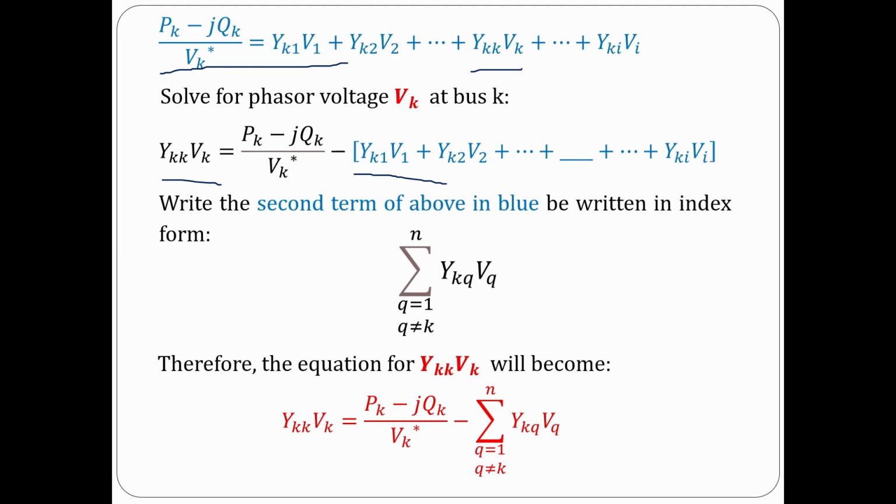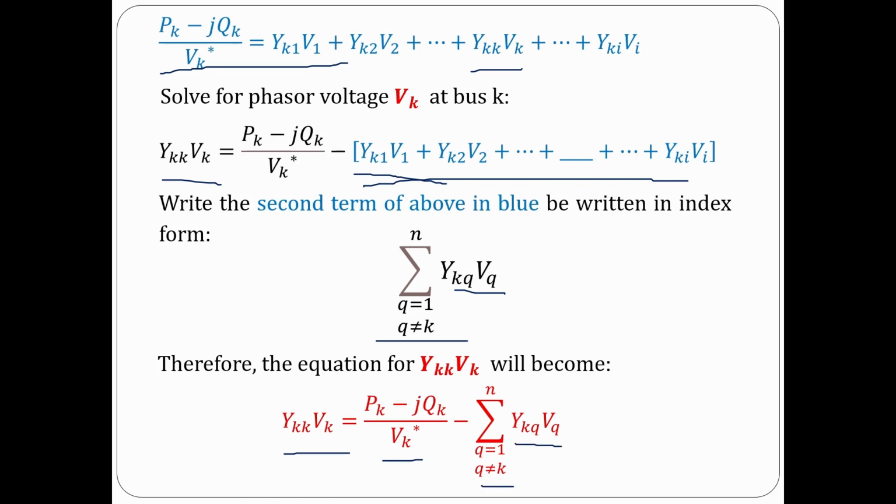The general or index form of this term is the summation from q equals 1 to n of Ykq Vq, where q is not equal to k. Therefore, the equation becomes Ykk Vk equal to Pk minus jQk over Vk conjugate minus the summation from q equals 1 up to n of Ykq Vq, where q is not equal to k.